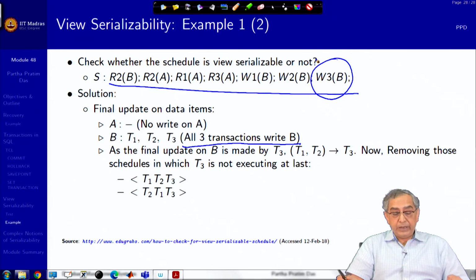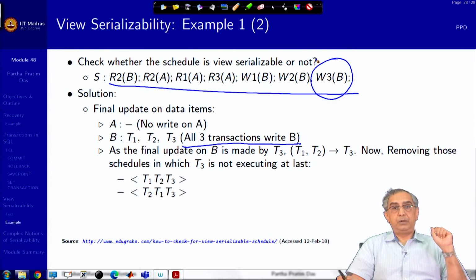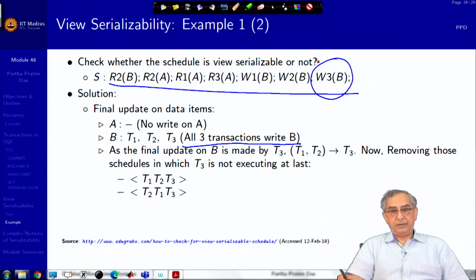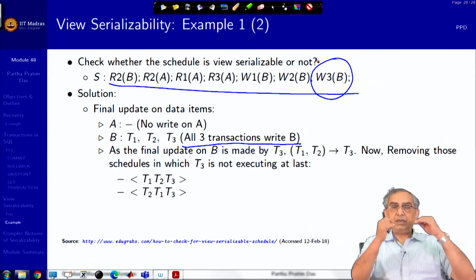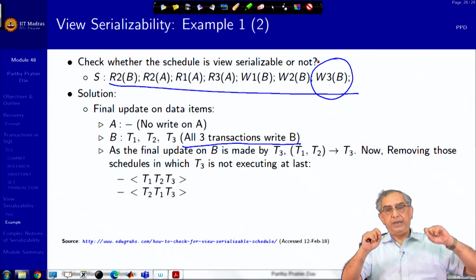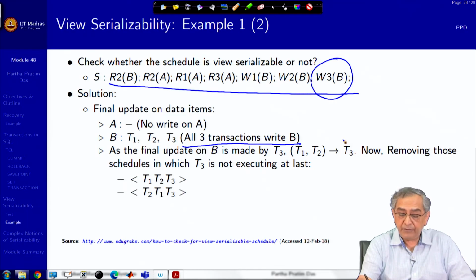Which means that transaction T1 and transaction T2 must happen in a serial schedule before T3, because the condition is that the final write of the data B must be done by the same transaction. So, this will have to be done by T3.